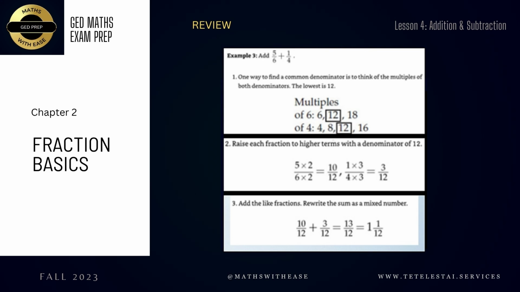And so that's all a multiple means: you're taking a number and going down the multiplication table. For example, 6 times 1, 6, 6 times 2, 12, 6 times 3, 18, 6 times 4, 24, 6 times 5, 30, 6 times 6, 36, so on and so forth, right?